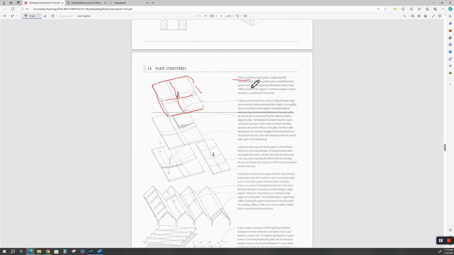So, plate structures: rigid planar, usually monolithic structures. Monolithic means it's all one piece, like a cast-in-place concrete slab. And it could be a precast slab that's set, as long as you're supporting it on the edges.